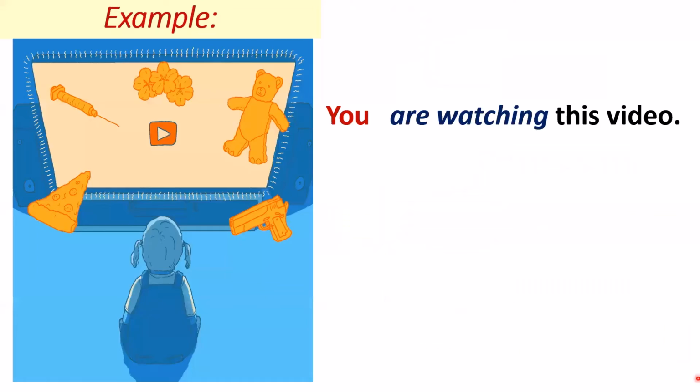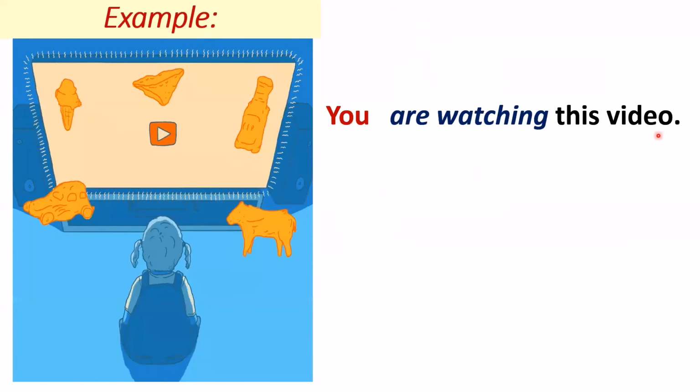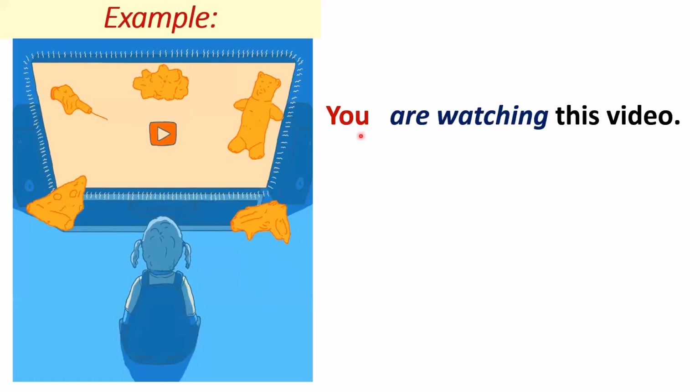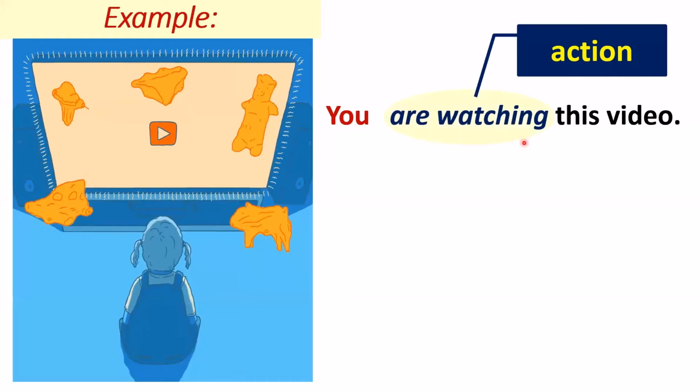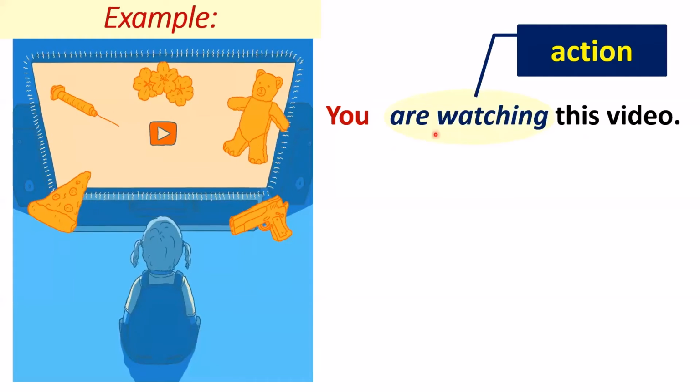Next example, children. You are watching this video. Identify the pronoun in this sentence, children. You. Very good. Now identify the action word, the work done in this sentence. So in this sentence, are watching is the action word.